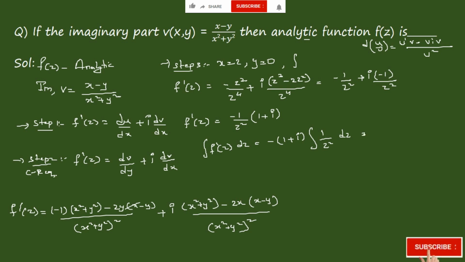So this one is equal to minus of 1 plus i into minus 1 by z. Minus minus goes. So which is equal to 1 plus i by z. That's nothing but f of z, right? Just integration of f dash of z dz is f of z. So we got the f of z value, which is equal to what? 1 plus i by z.